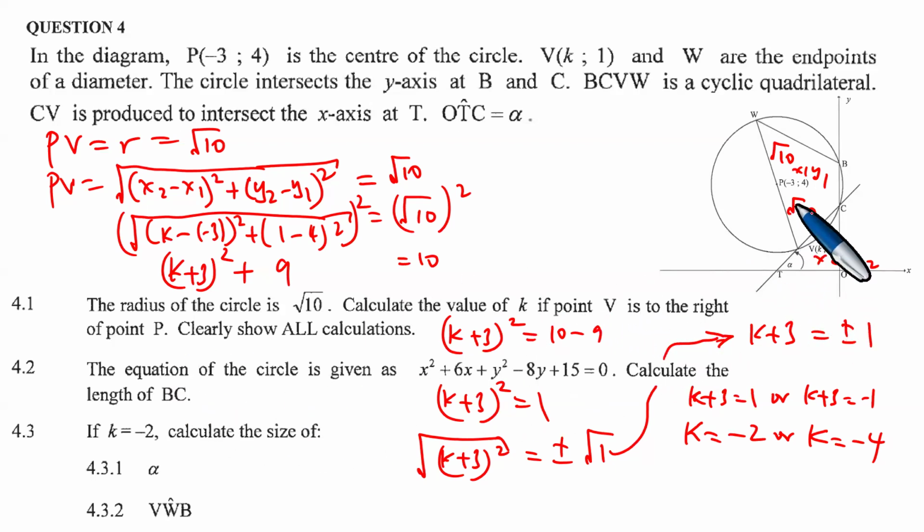If it is to the right, because now these values of k, V has the coordinates k and 1. So what does it mean to the right?